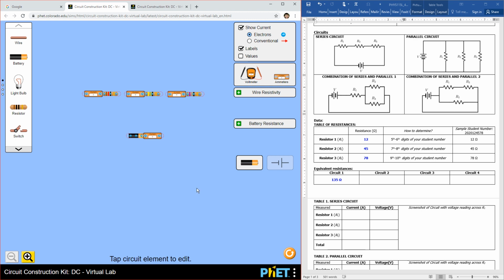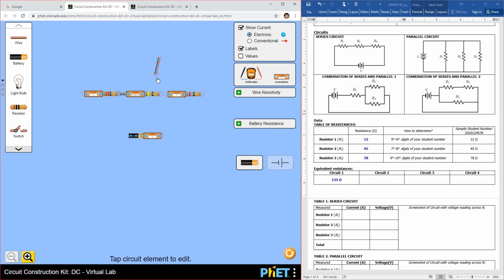Okay, now let's finish the circuit by using a wire. When you drag a wire, you have two terminals for the wire, so you may drag one of the terminals like this and connect it here, and then click and drag the other terminal here. So this is now connected.